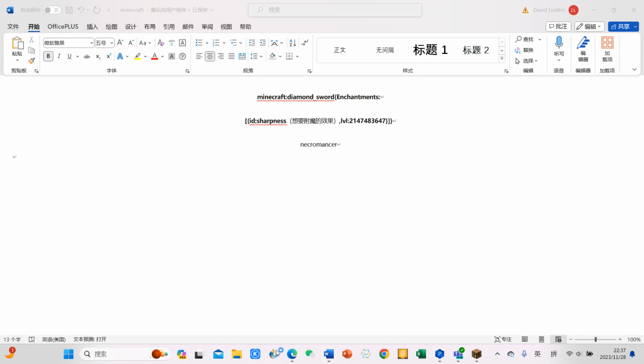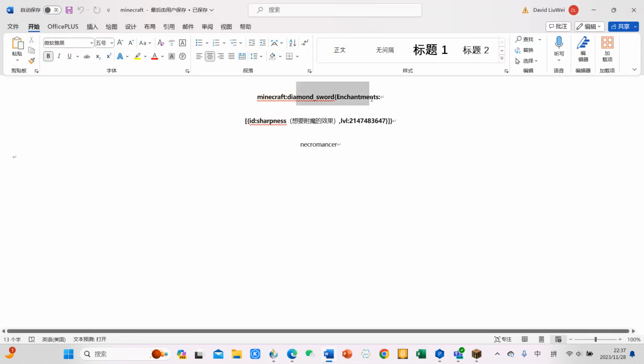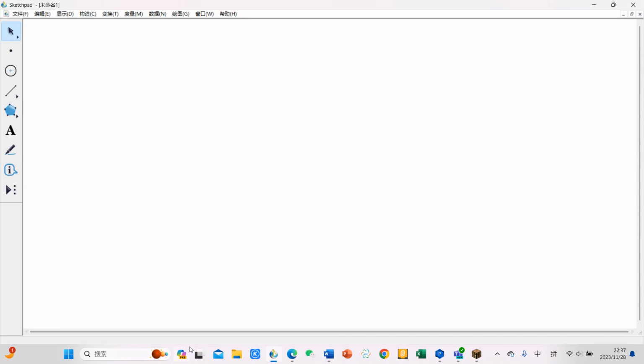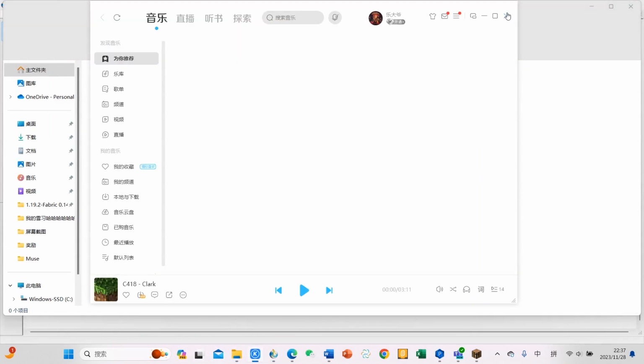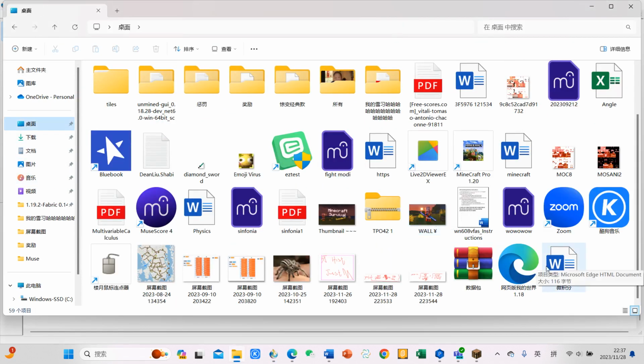Let's refresh it. Whoa. Diamond sword enchantment sharpness level. Okay, this is a cheat code. No, stop. Actually, I can't use Cool Go outside of China.